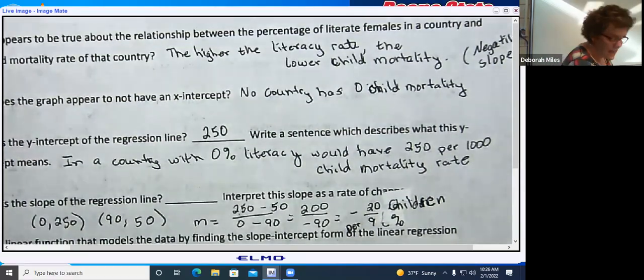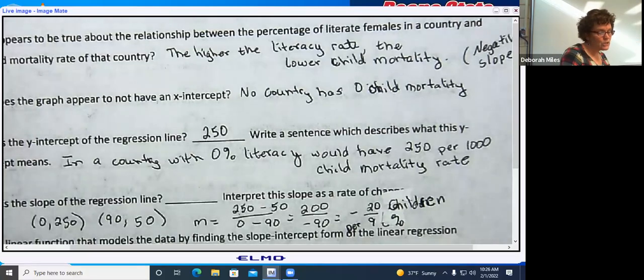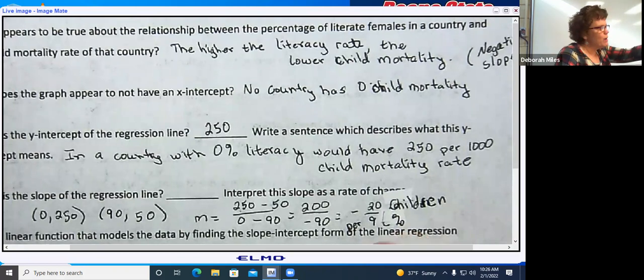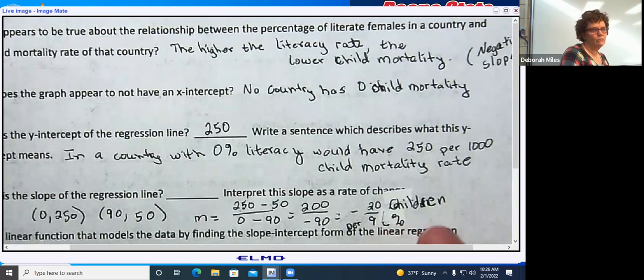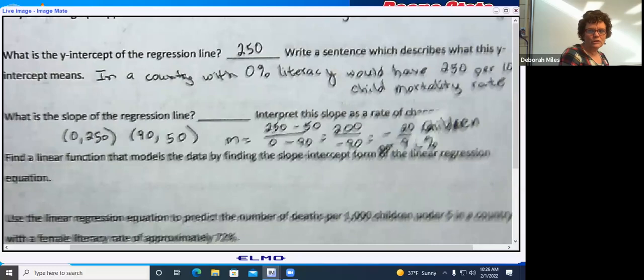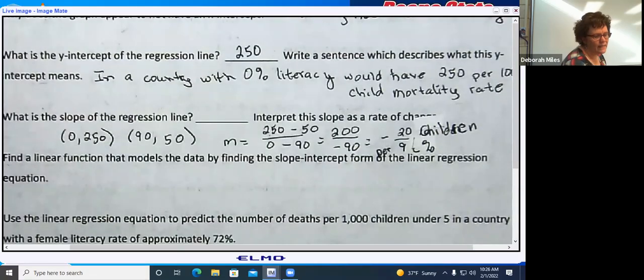For each percent of literacy rate, the child mortality rate goes down about two children per 1,000. All right, the rest of that was just find the equation of the line. I think you could do it now.